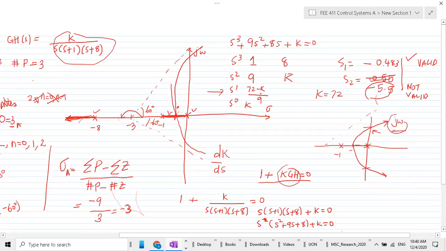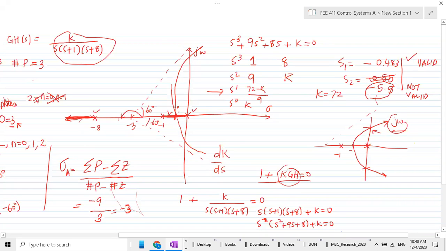So if k is 72, this will be 0. The whole row will be 0, because here we don't have anything. Here it's also a 0. So if we have a full 0 row in a Routh-Hurwitz table, then we have a marginally stable system. And a marginally stable system means we have a point on the j omega axis, right? So for us to have this 0, k needs to be 72.